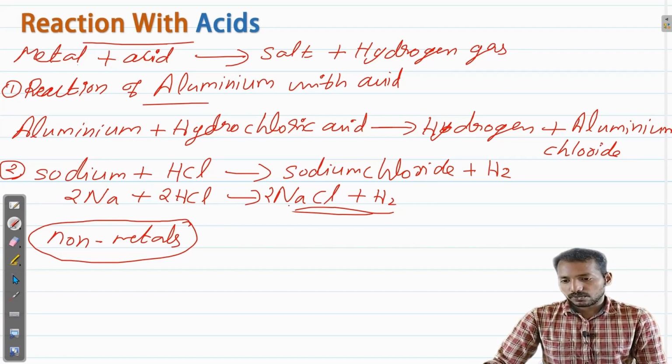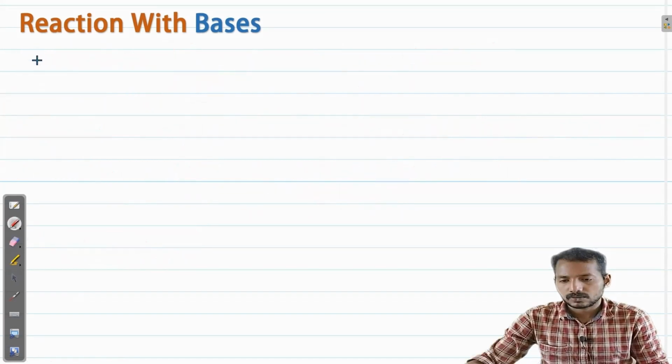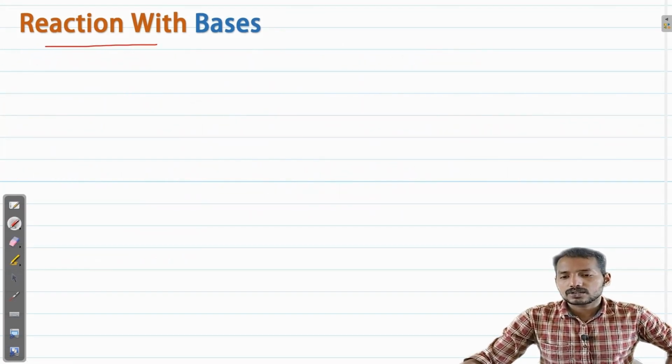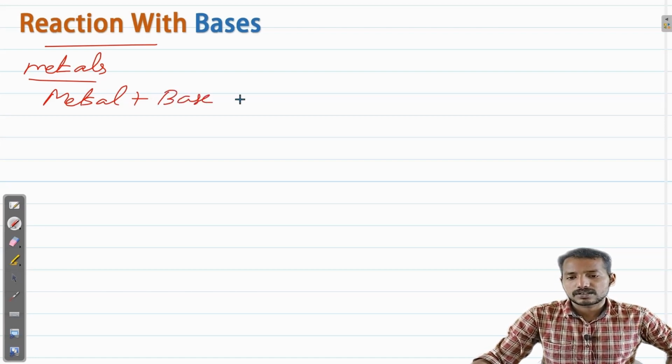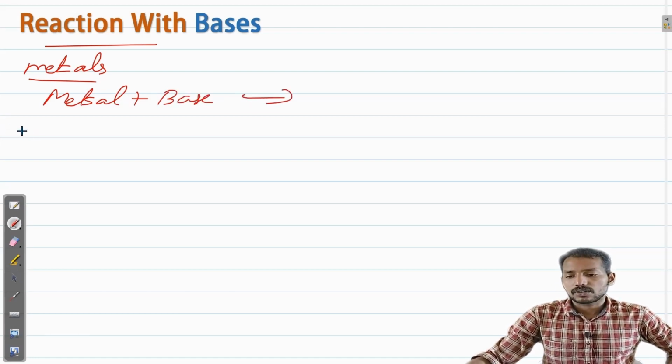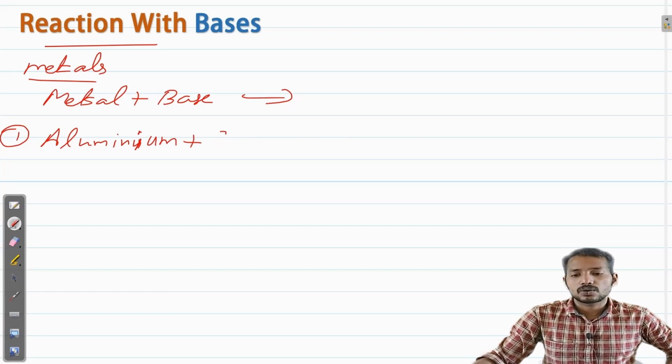Now the reaction of metals and nonmetals with base. In case of metals reacting with base, for example, we can take aluminium plus sodium hydroxide.